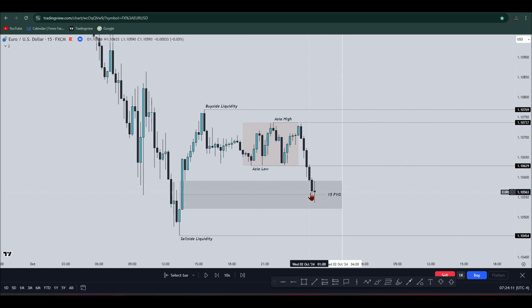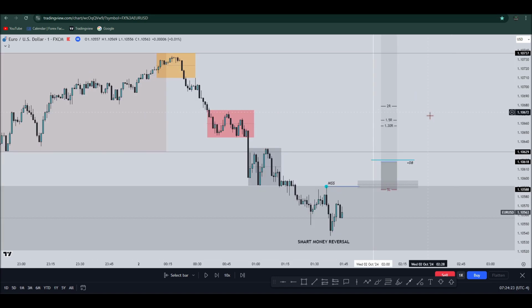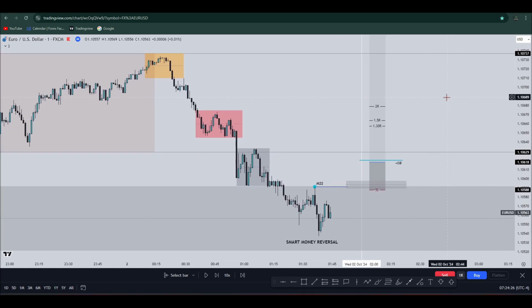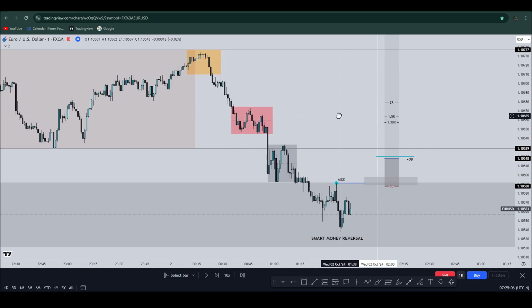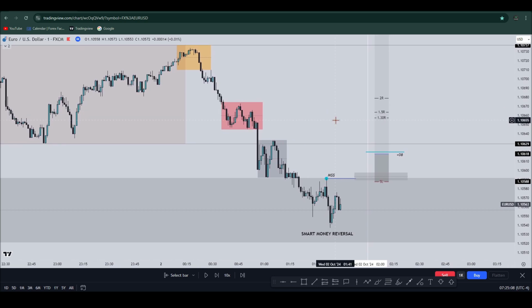Now that we tagged the 50-minute fair value gap and we're below the Asia low, I move to the 1 minute. My trades are pretty much always the same thing, either on the bearish side or the bullish side. I usually target 1.5 or 1.3 times the risk I'm taking, pretty much every time I'm trading either a market maker buy model or a market maker sell model.